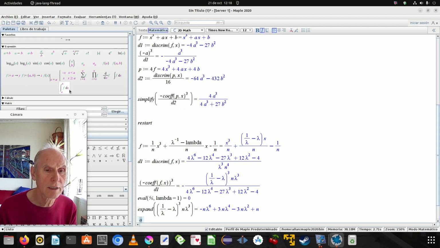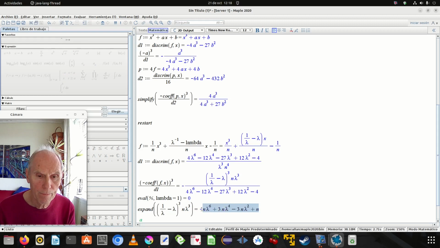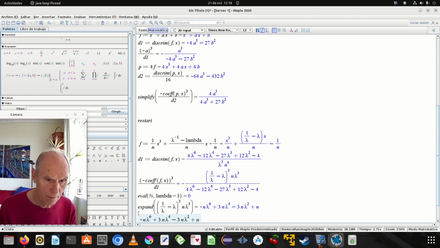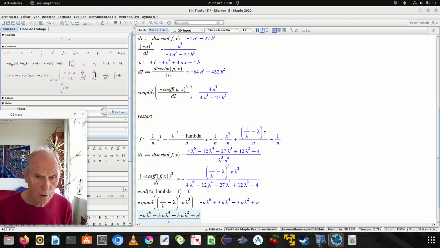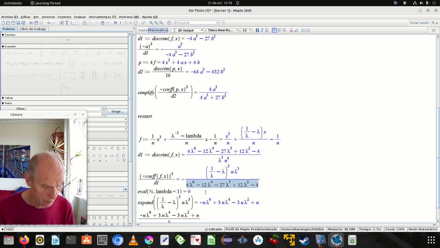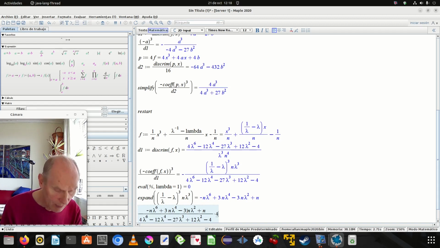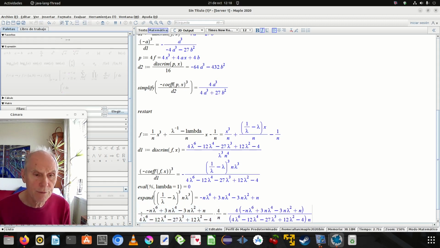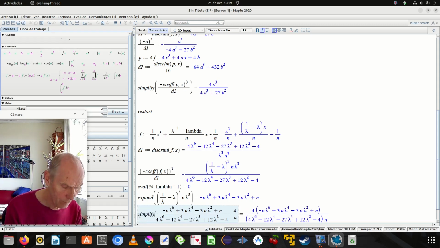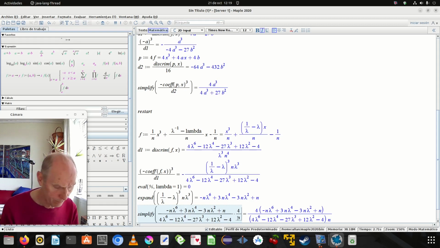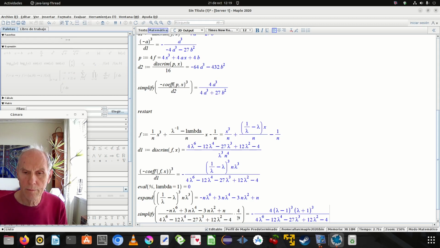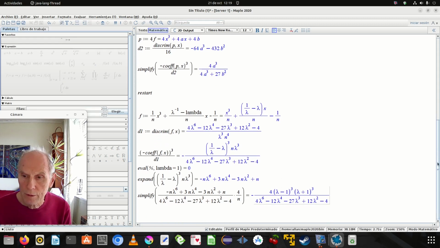So the fraction we are interested in is divided by this, and then to factor 4, n divided by 4 out. Simplify. So nice to factor.